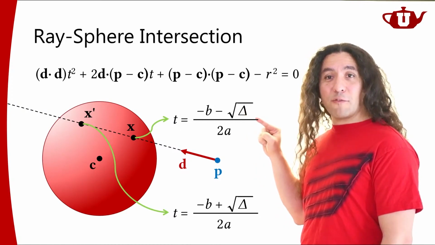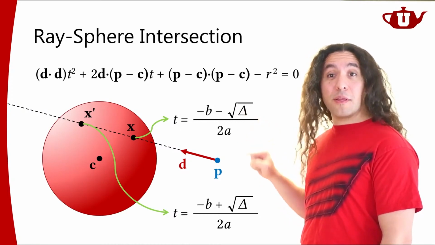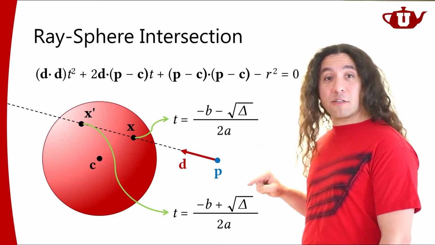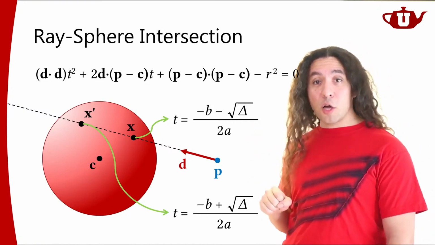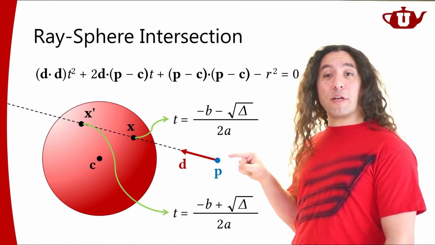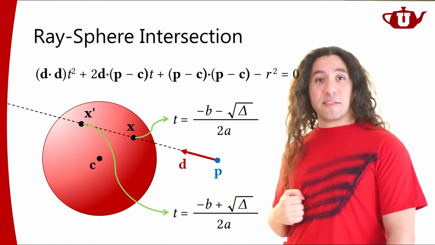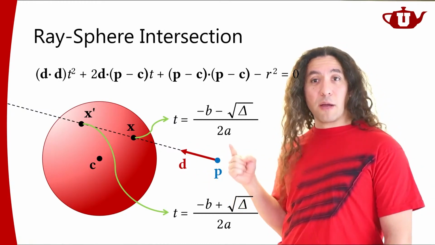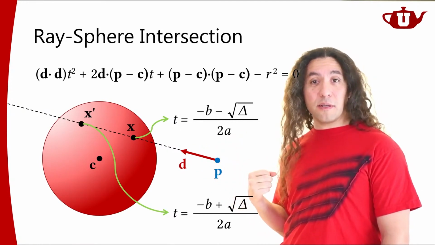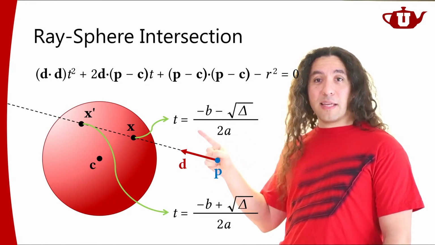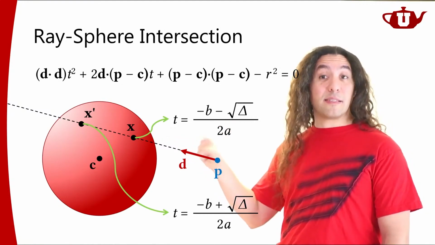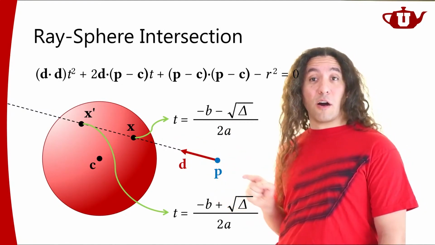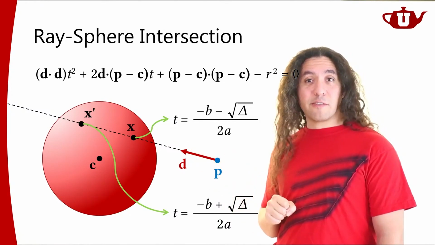So this is going to give me a smaller t value than this one. So this is going to give me a larger t value. This is going to give me a smaller t value. So if my ray origin is outside of the sphere, then this one with minus is going to give me the very first hit, the very first intersection of the ray with the sphere.